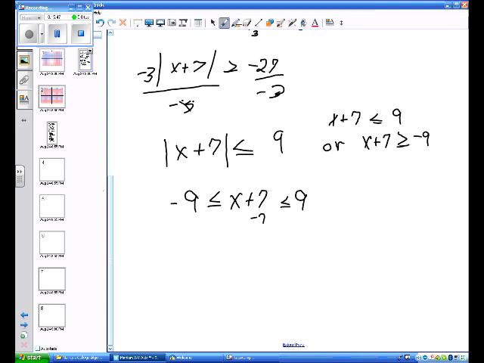So we'll subtract 7. We get negative 16 is less than or equal to x, and x is less than or equal to 2. Interval notation, square braces.